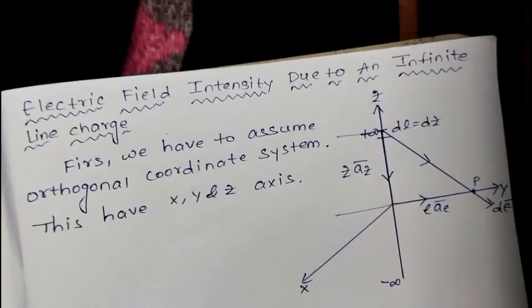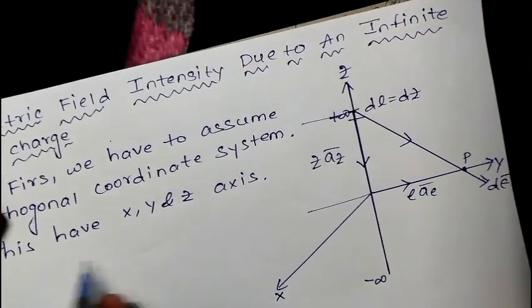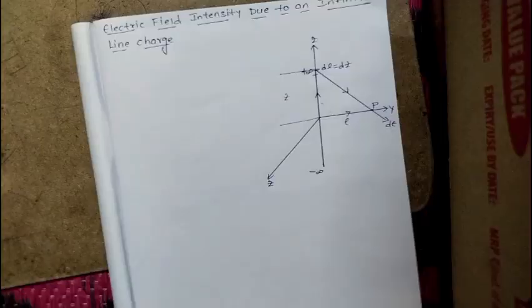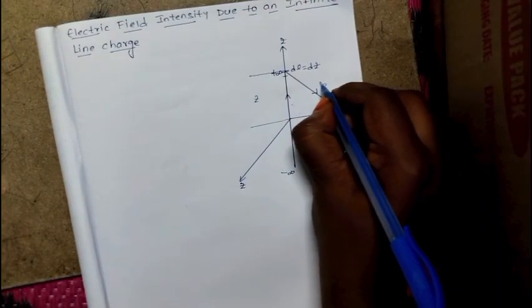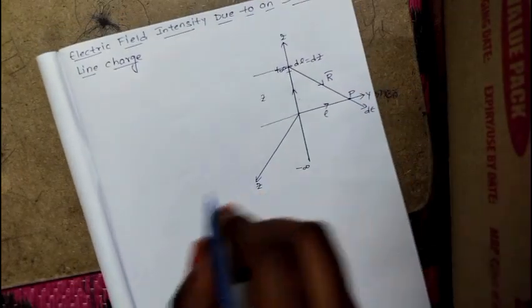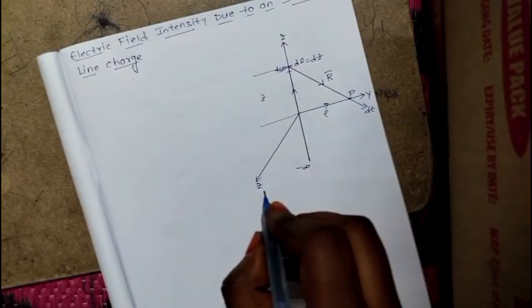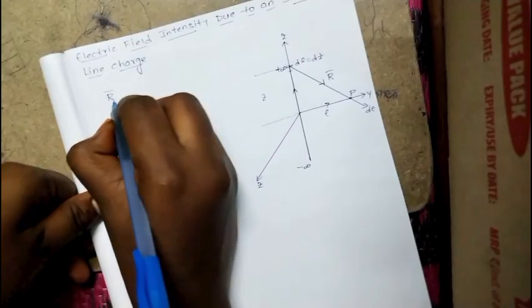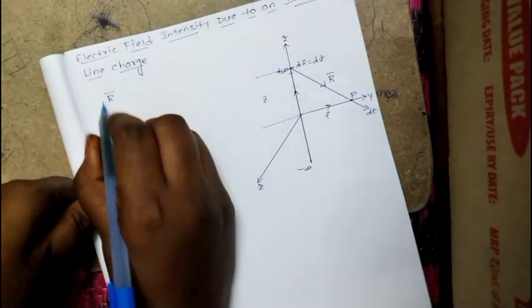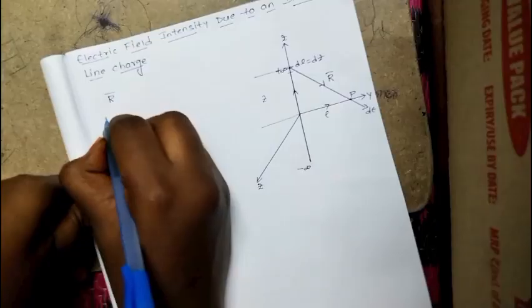Next, this direction we represent as R bar. Next we have to find out R bar. First we have to draw the R bar components.